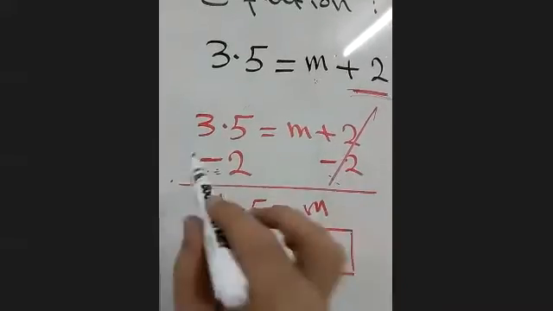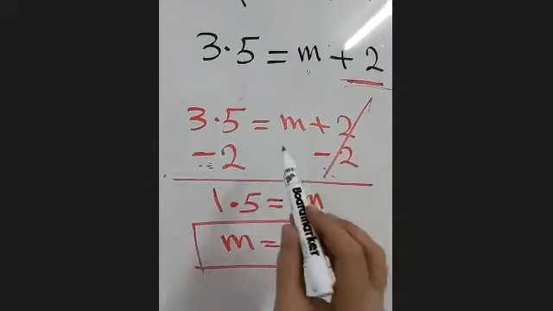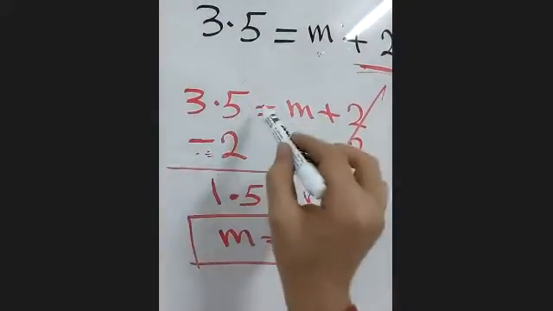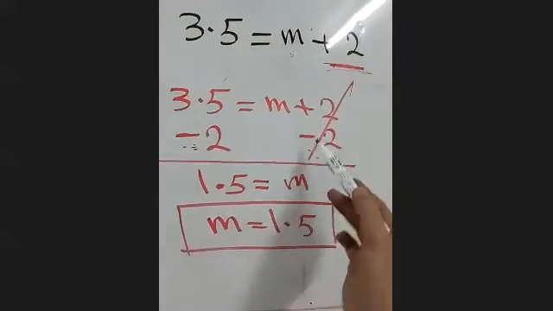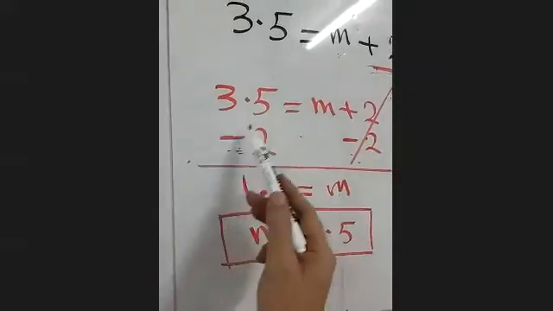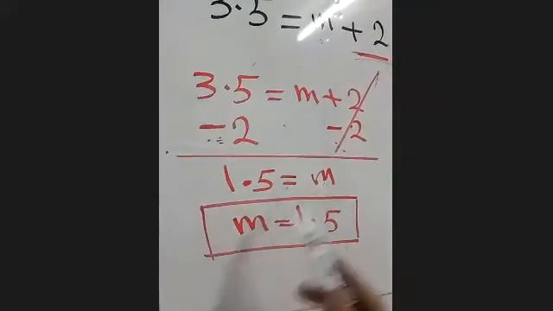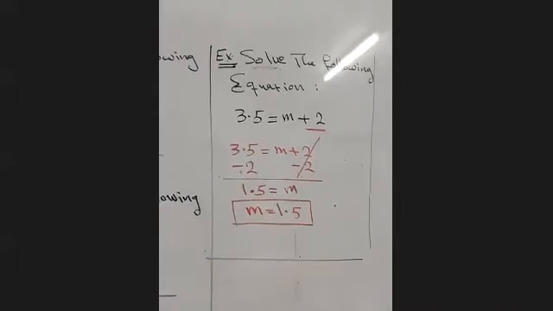It means if you subtract the same number from both sides, the equality is still valid. Now, plus 2 with minus 2, they are gone. Still m, the equal comes down. 3.5 minus 2 is 1.5. Done. m equals 1.5.